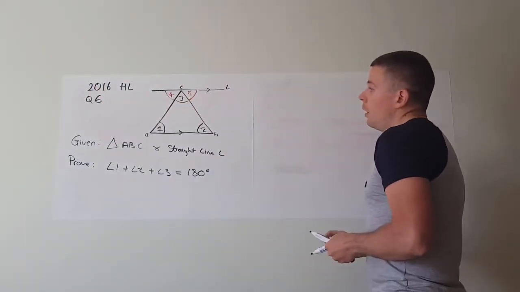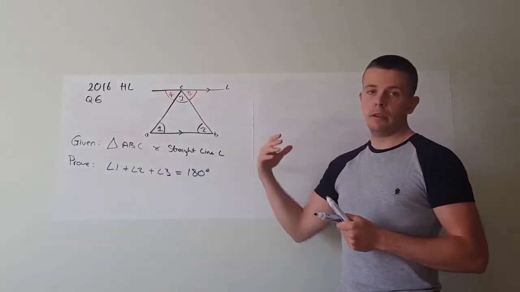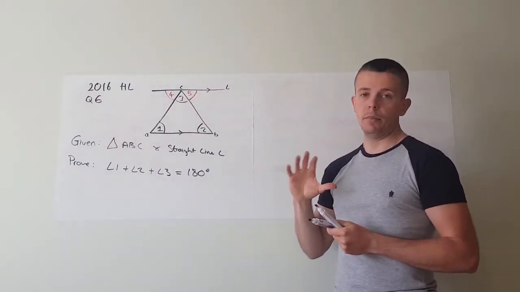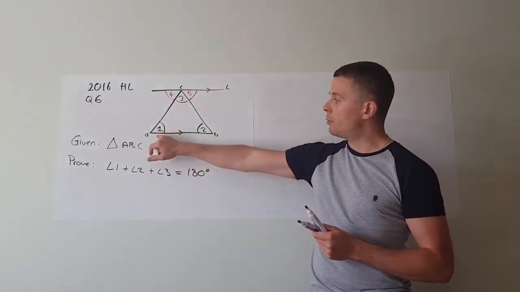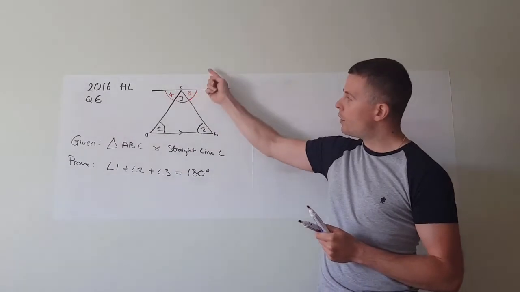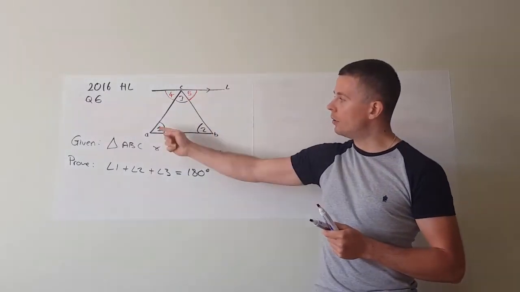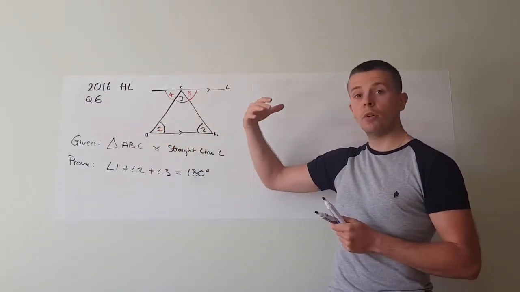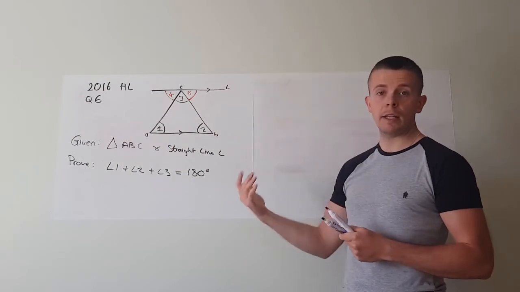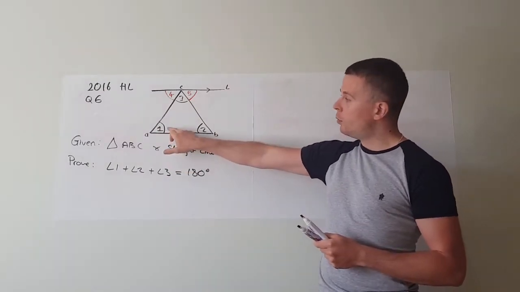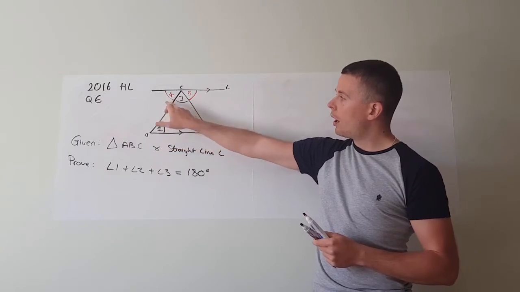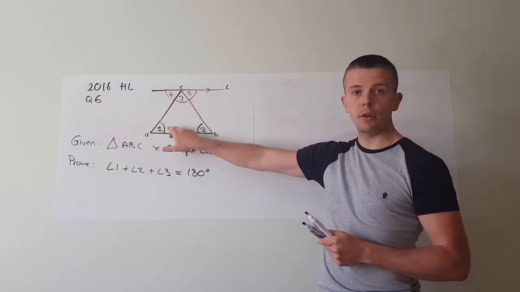Okay, well, if we think back to our little bit on geometry, we've got two parallel lines and we've got a third line cutting each of those. Well, we have now created a series of alternate angles. So we know that angle 1 and angle 4 are equal because of alternate angles.